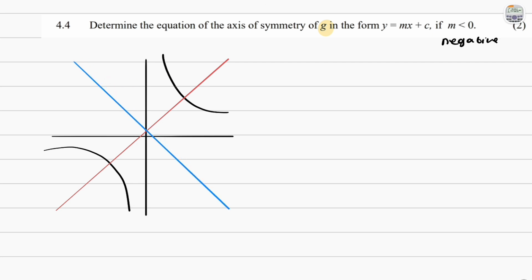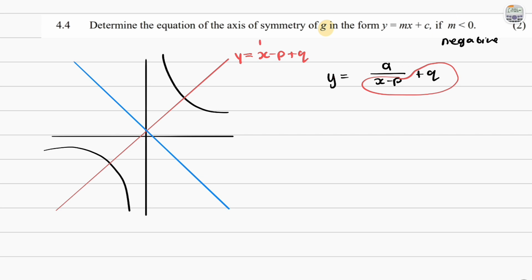It's very easy to remember if you remember the standard form of the hyperbola. The hyperbola standard form is y equals a over x minus p plus q. You see that minus p plus q part? That's all you have to remember. The equation of the axis of symmetry with a positive gradient is y is equal to literally x minus p plus q. And that's why I said if you remember this, you remember all of that.